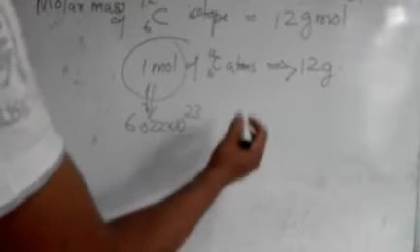Using that concept, we can define the mole. So 1 mole is the exact number of particles in 12 grams of carbon-12 atoms. That's how we define the mole.